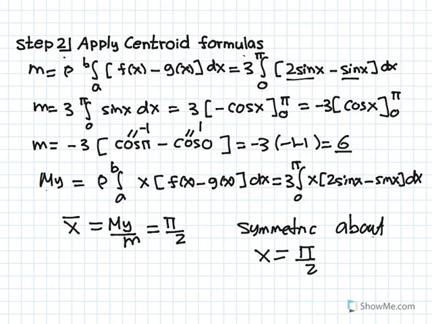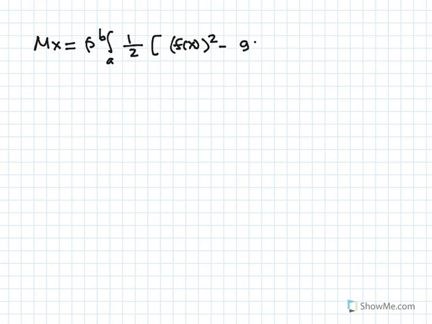And that requires us to find the moment with respect to the x-axis. All right, so the moment with respect to the x-axis is equal to rho integral from a to b 1/2 times top function f of x all squared minus g of x all squared dx.